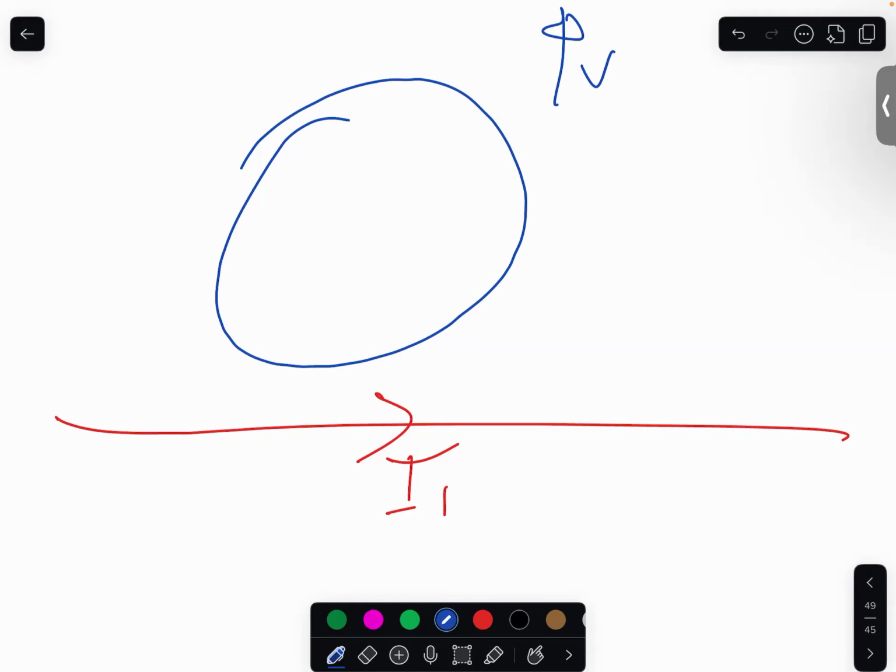Hint: it's clockwise or counterclockwise. Out is not a possible direction that the current can flow. Right is not a possible direction the current can flow in the loop.